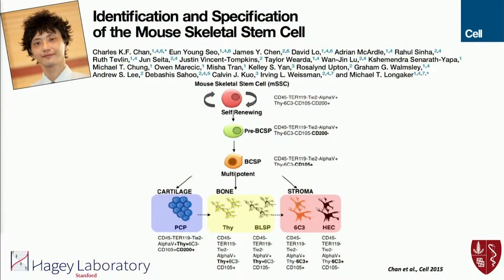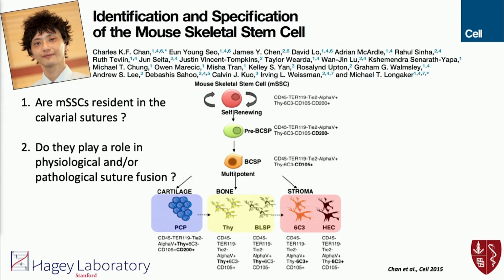The identification and specification of the mouse skeletal stem cell by our group in 2015 fueled our investigation into whether mouse SSCs are resident in the calvarial suture and if they play a role in physiologic and/or pathologic suture fusion.